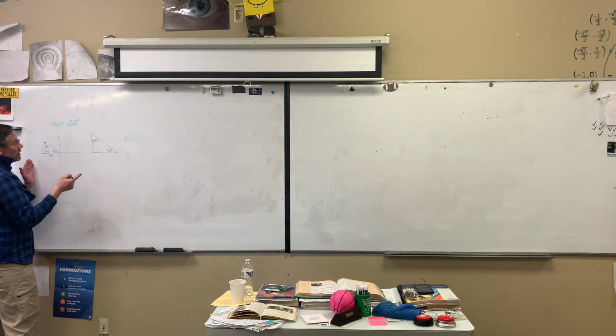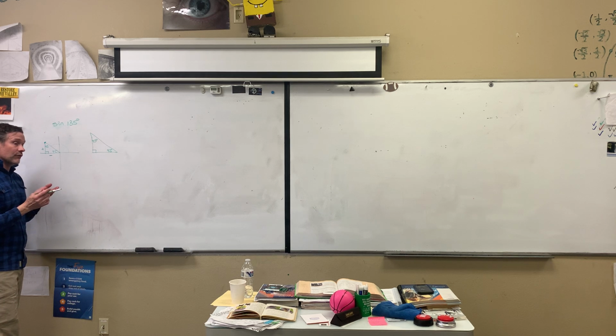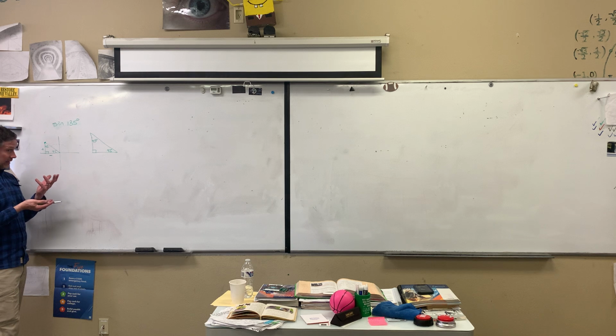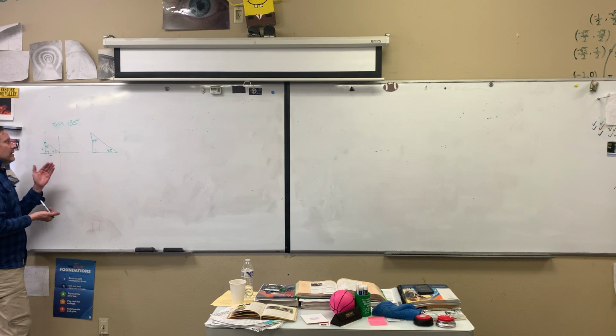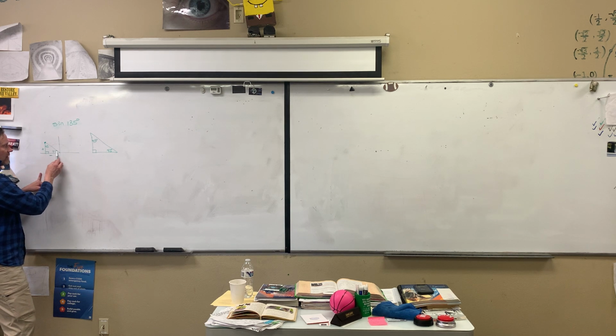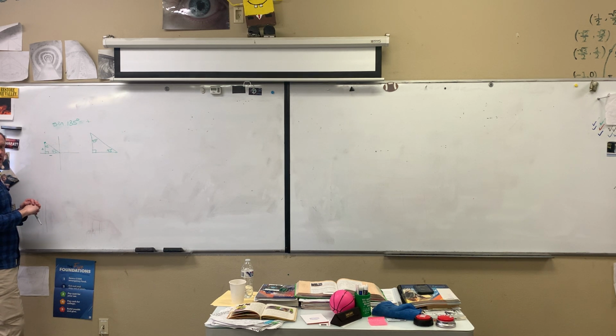So when we think about the sine of 135, you're really just asking what is the sine of 45, but then you have to pay attention to whether it's a negative or positive ratio. Sine is y over r, therefore y is positive, so this value will be positive. Then what's the ratio formed?